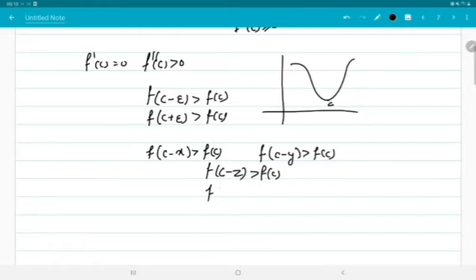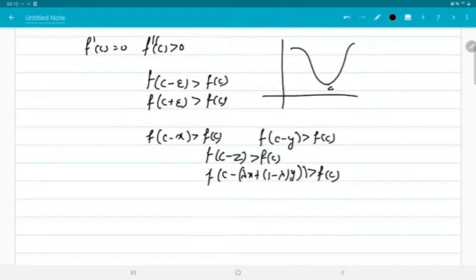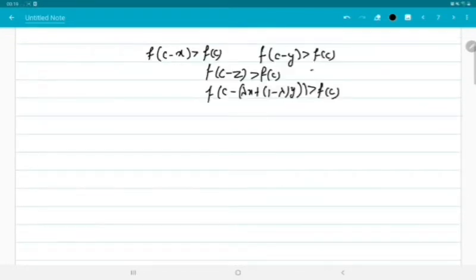So z can be some convex combination of x and y. So this is basically saying these three are essentially the same sets, so quasi-convexity is proven.